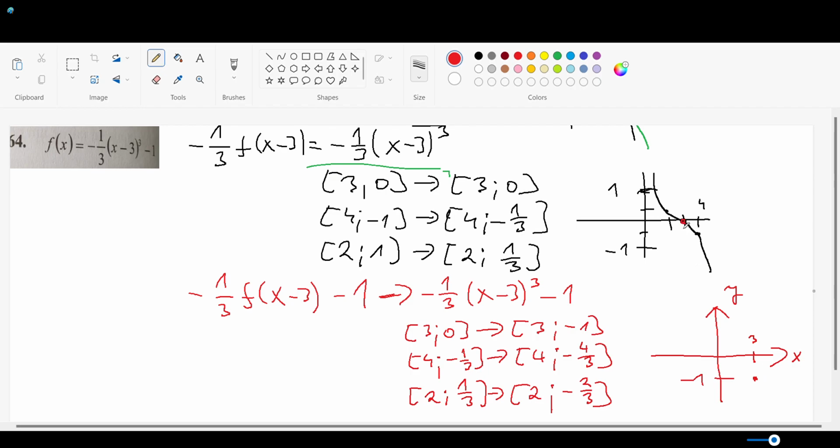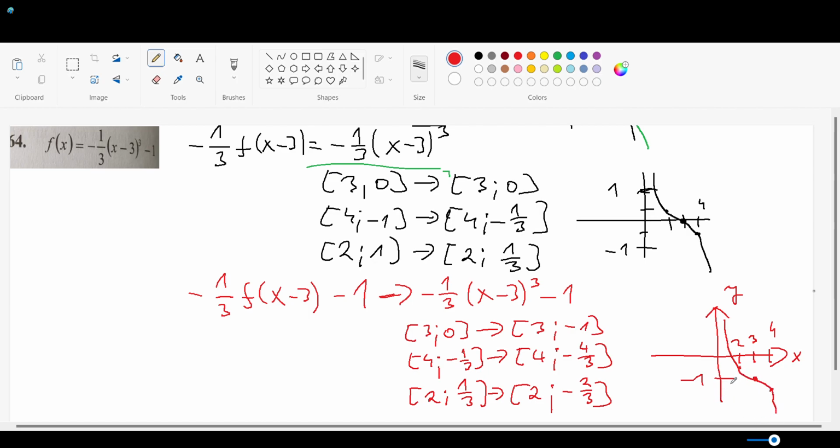So this point, 3 and -1, is transformed 1 point down, and the same applies for this point, which in our case is number 4 and -4 over 3, which is somewhere here, and the same applies here. Number 2 on the x-axis is somewhere here, and let me put it here, -2 over 3, which is here. So our transformation would lead us to something like this.